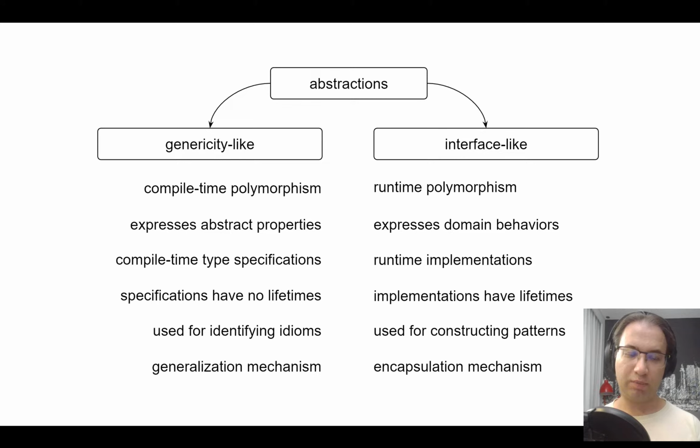For example, type classes can be interface-like and can serve this purpose, but it will not be a very good interface-like abstraction. Haskellers love type classes as interfaces, but I don't think it's a good idea.